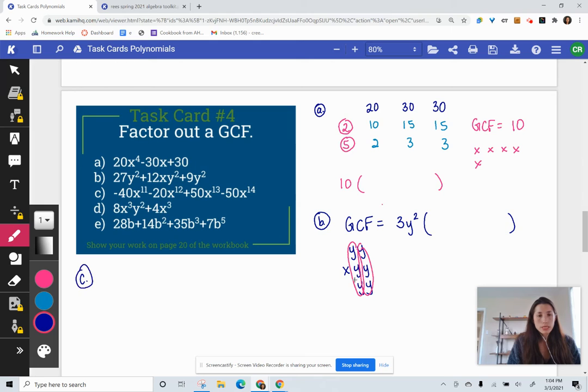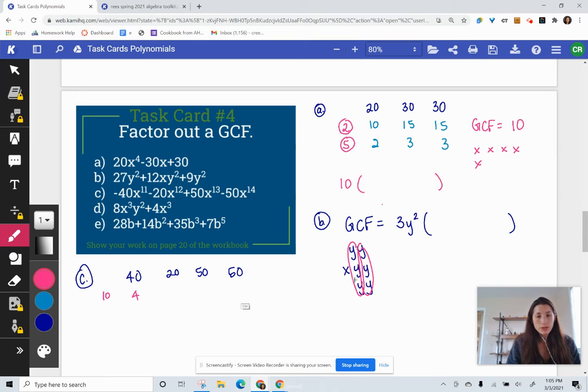On question C, we've got 40, 20, 50, and 50. They all end in zeros, so I know 10 goes into all of these. Is 10 the greatest common factor? Well, let's take out a 10. 10 times 4, 10 times 2, times 5, times 5, yes. 10 is the greatest common factor. 4, 2, 5, and 5 have no other numbers that go into them that are common.